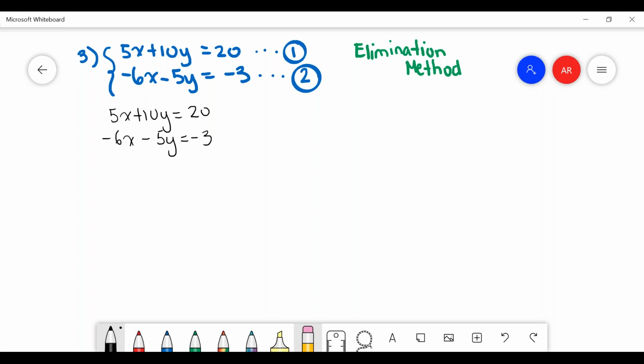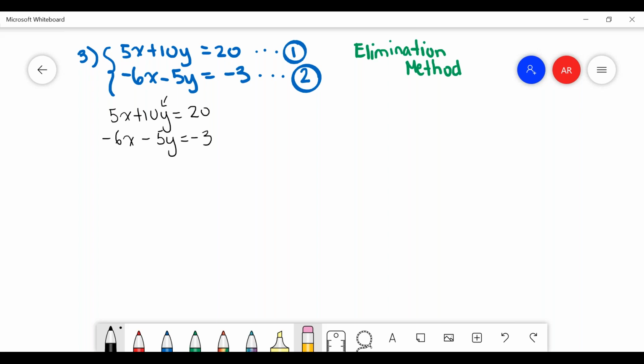So looking at our first equation, 5x plus 10y is equal to 20, you can clearly see that there are no opposite coefficients to the second equation. So in order to create this, we need to take a look at these two equations. First, you need to determine which variable you would like to eliminate. If you would like to eliminate the x variables, take a look at the coefficients of x for both equations.